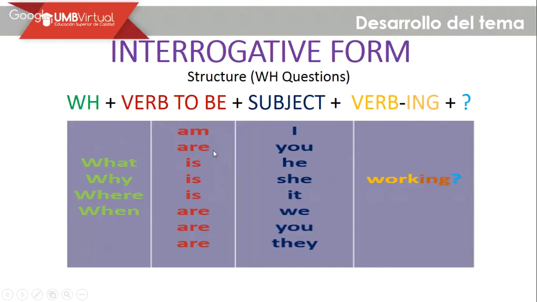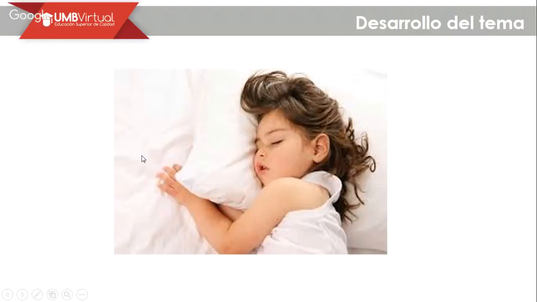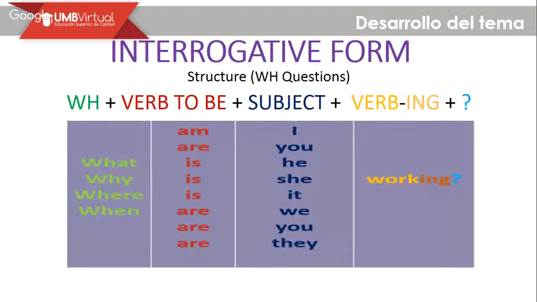Then we have to add that WH question at the beginning. So in this case, we are not going to have verb be at the beginning, but we're going to have, first of all, the WH question plus the verb to be plus the subject, the verb with the ing ending plus the question mark.